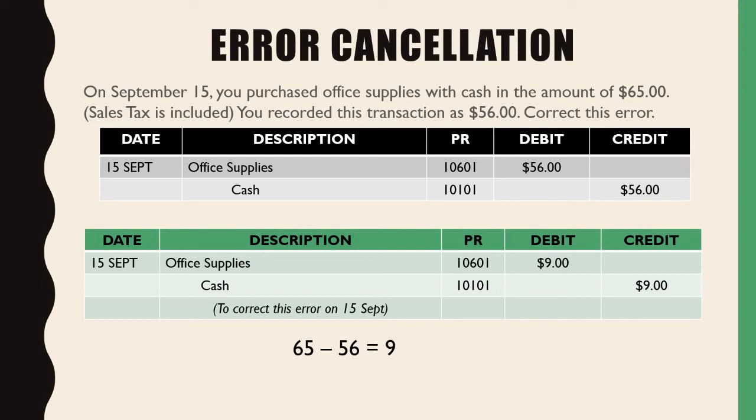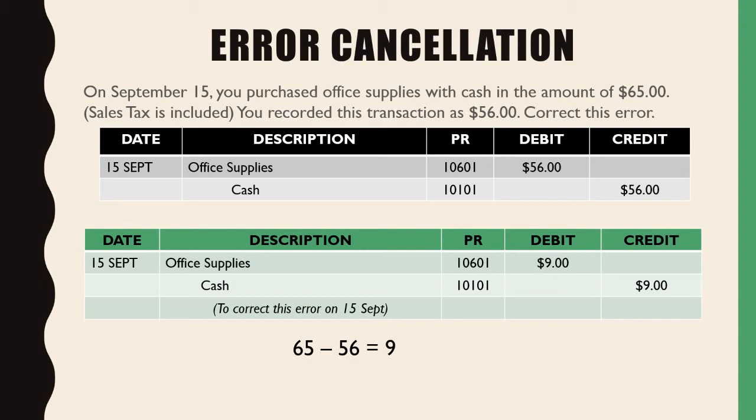So the best recommendation, and for this class, we would more likely take a look at the reverse and re-entry type of fixing those mistakes in the journal. But that's only if you have those mistakes. There are two ways. You need to know that both exist. However, you do have the choice to choose one or the other.